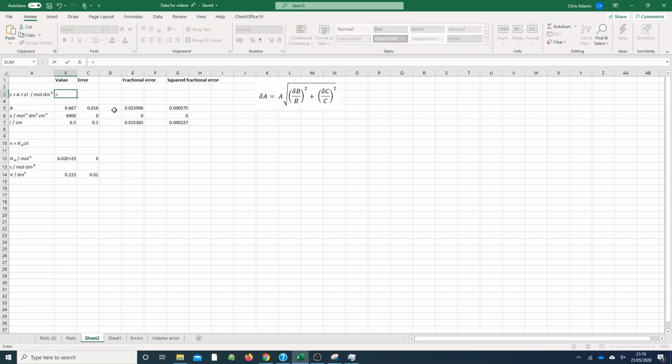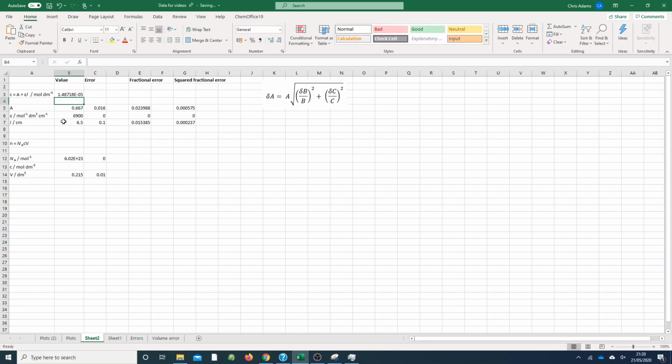So it equals, and it's just A, which is cell B5, divided by B6 times B7. Press enter, and it tells me that is my concentration in moles per dm3.